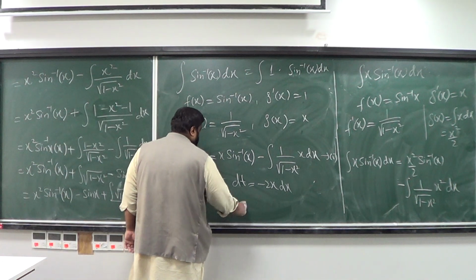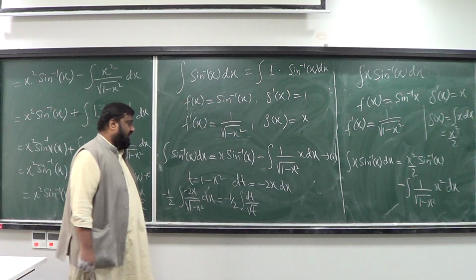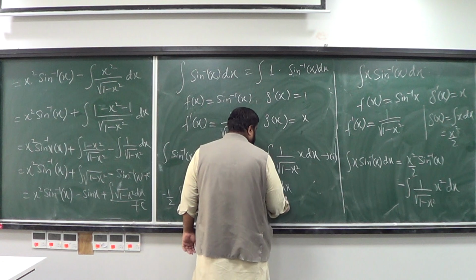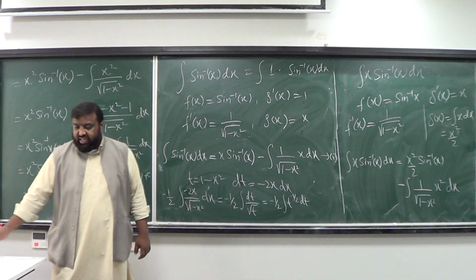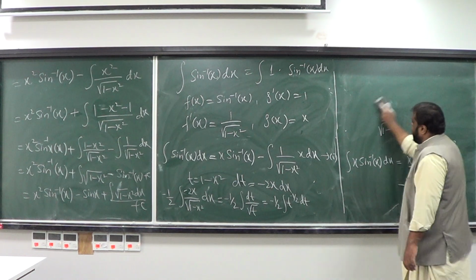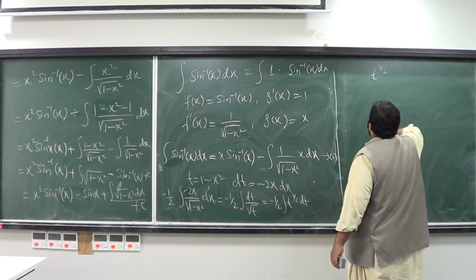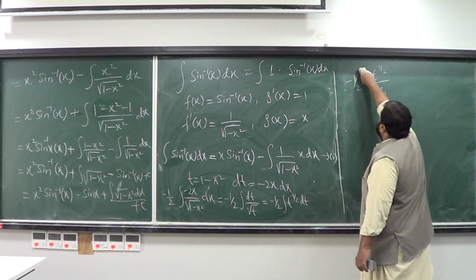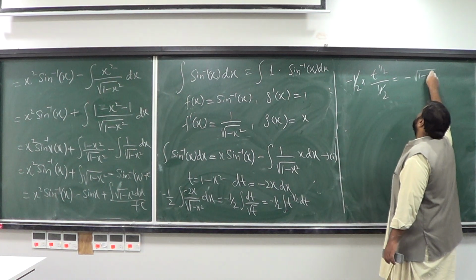So this will become negative 1/2 dt divided by the square root of t. Then you know how to solve this integral. Negative 1/2 integrating t power negative 1/2 dt. Then this will become t power 1/2 divided by 1/2 multiplied by negative 1/2. This 1/2 will cancel out with this 1/2, and you're going to have negative square root of t, which is negative square root of 1 minus x squared.